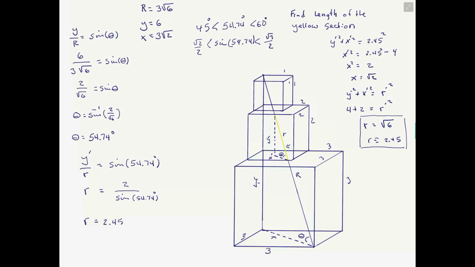You would know that it's greater than square root of 2 on 2. It's in between square root of 2 on 2 and the sine of 60, which is square root of 3 on 2. So you can estimate in between, you can interpolate this value.